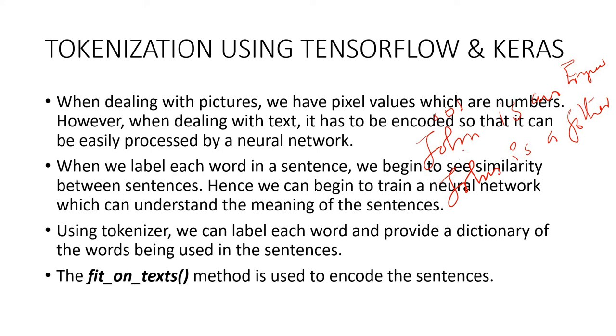The same label we can repeat here, and the machine learning model can understand the similarity between sentences. Is, again, is labeled 002. Here also it is repeating. So the model can understand the similarity between these two sentences. This is the importance of labeling. Hence we can train a neural network which can understand the meaning of the sentences. When we label, we begin to see similarities between the sentences.